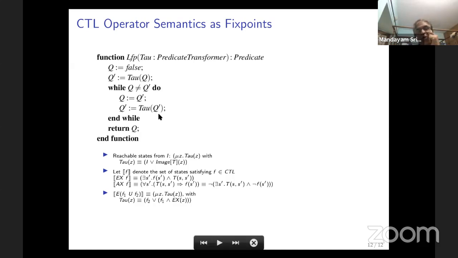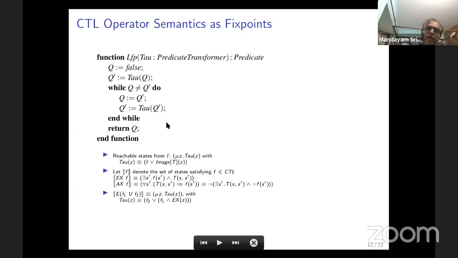The intuition is that if you start with different initial states, you get different fixed points. But here we start with false, and embed the initial state inside it, and that's why by starting with false you get the least fixed point.